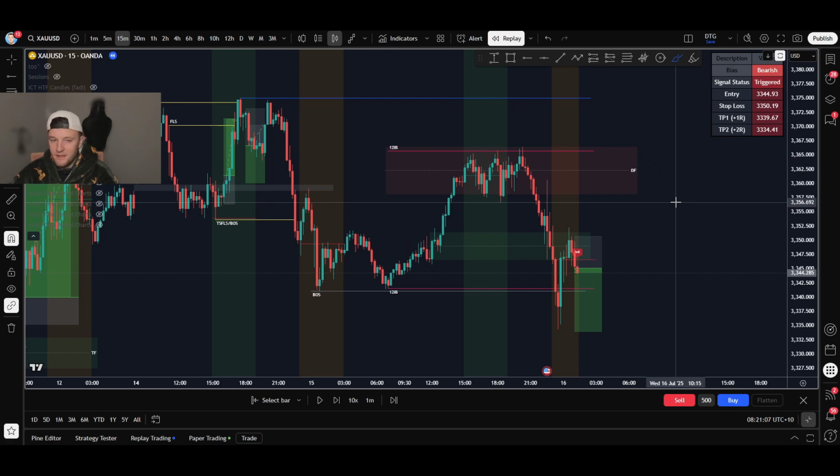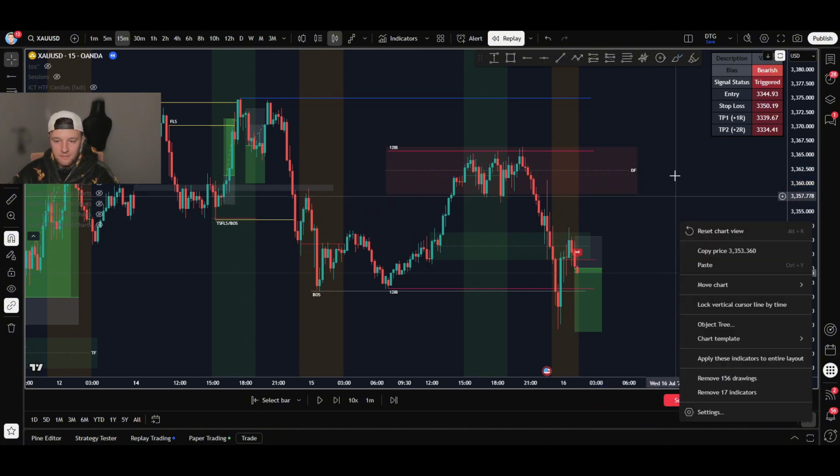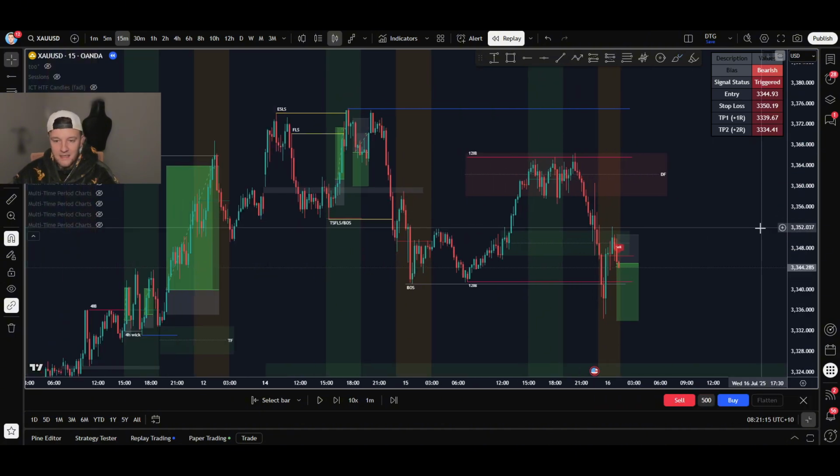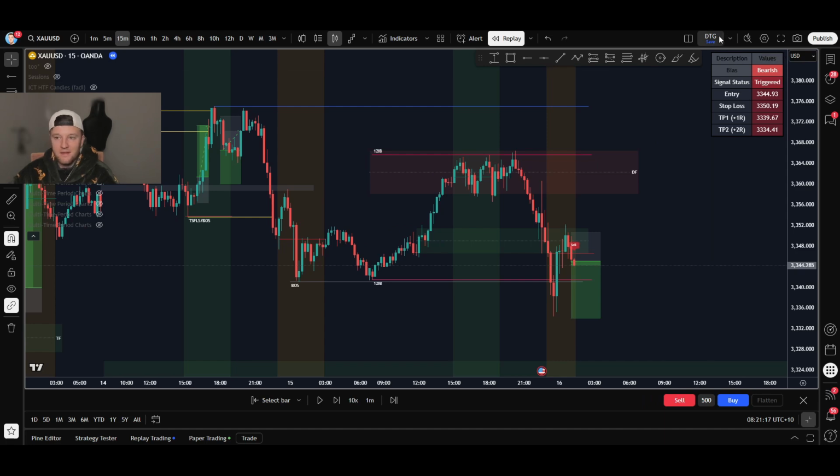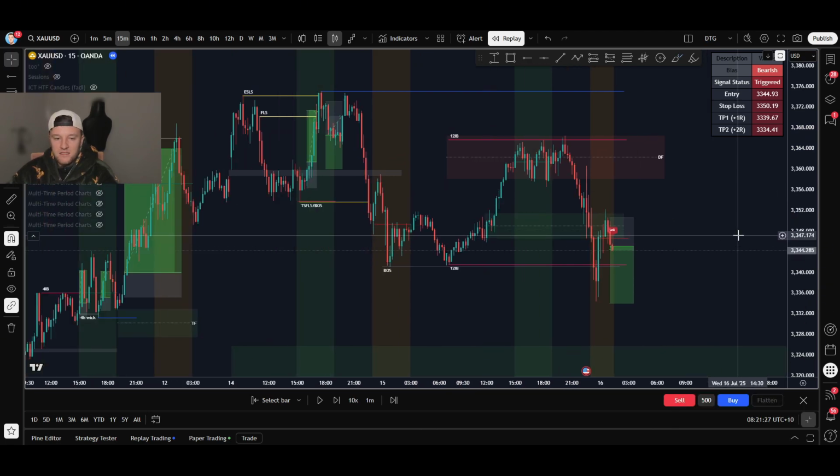I just gave it away there. It's a daily level. I'm not going to tell you what the F stands for, but it's from the daily time frame, right? A little hint right there. Slipping my tongue, but I'll leave that in there for you. See if you can figure that one out. But we came back up, we rejected, we grabbed liquidity from the 12 IB, and we started selling off here.